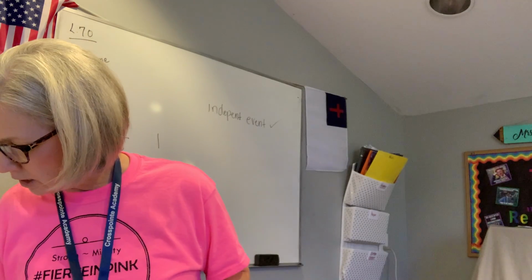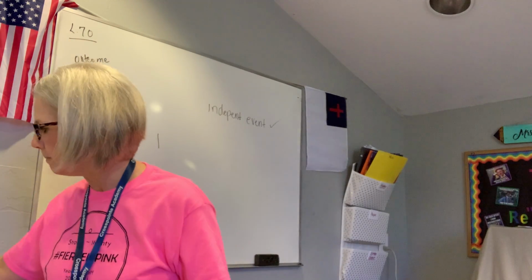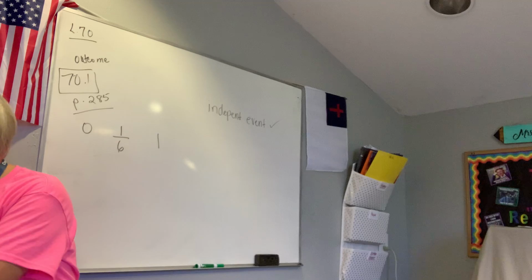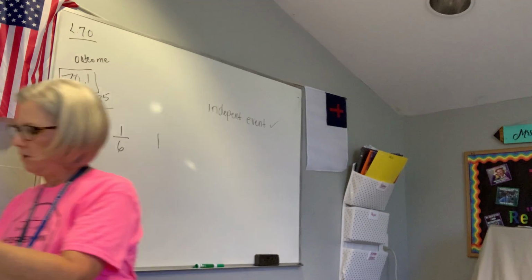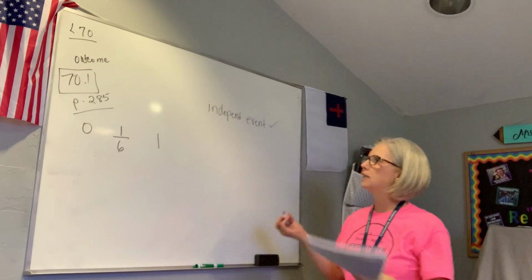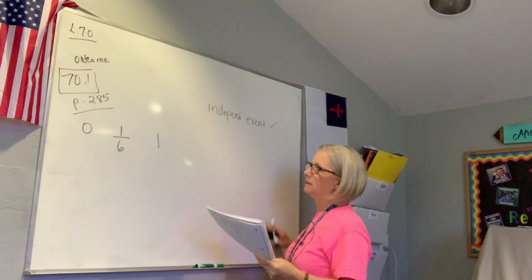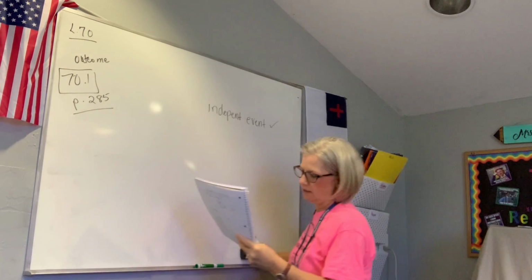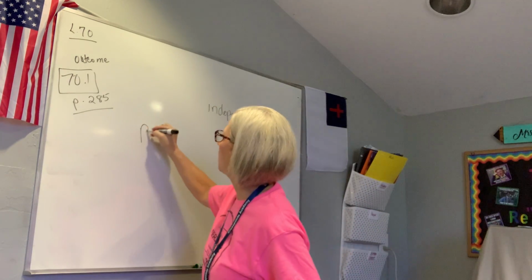All right, so let's go back to this situation here. All right, so here's how we write this. Tossing a coin is an independent event. How do I set this up? So I set this problem up.